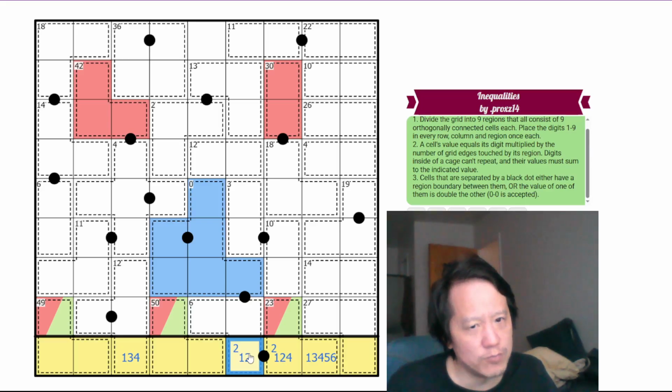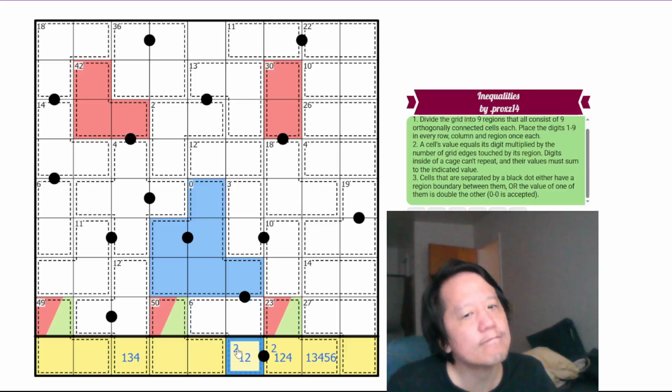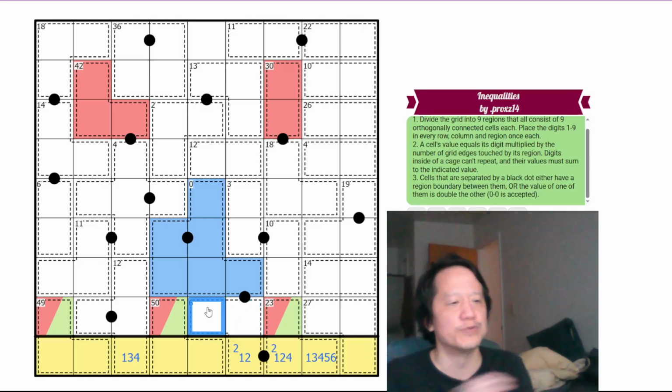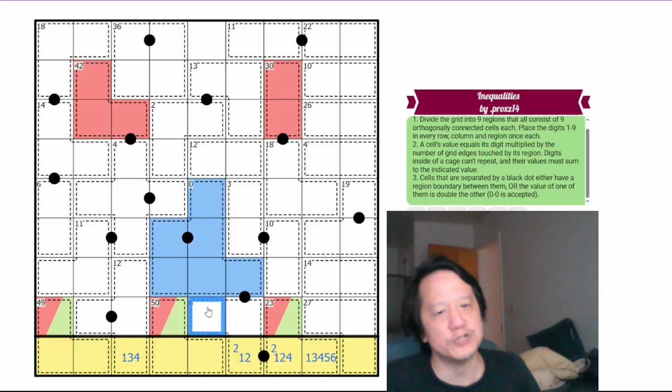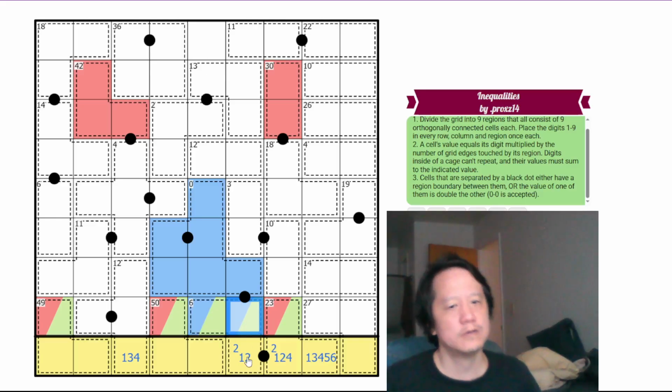It would have to be 1, which times 3 is 3. And then one of these doubled, or both of these doubled doesn't work, because we don't have 1 available here. So this is either blue or it's a singleton.